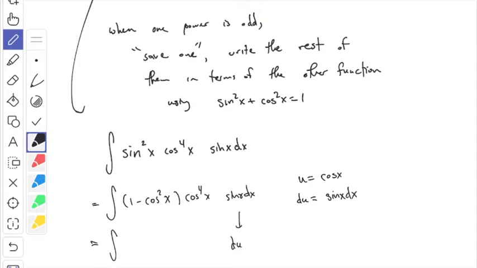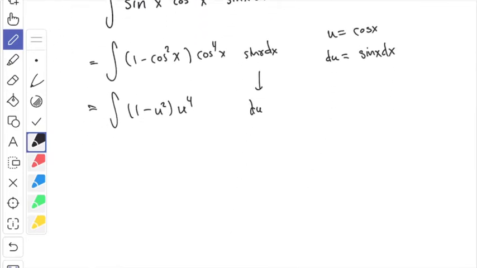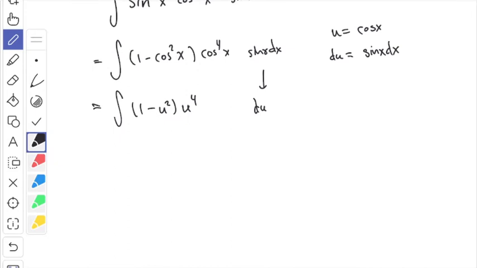And then the rest of it is just the polynomial, 1 minus u squared times u to the 4. And this now becomes an integral you can do. You have to rearrange it a little bit because I have a slightly complicated polynomial in there, but you would just distribute that u to the 4. So it becomes u to the 4 minus u to the 6 du.